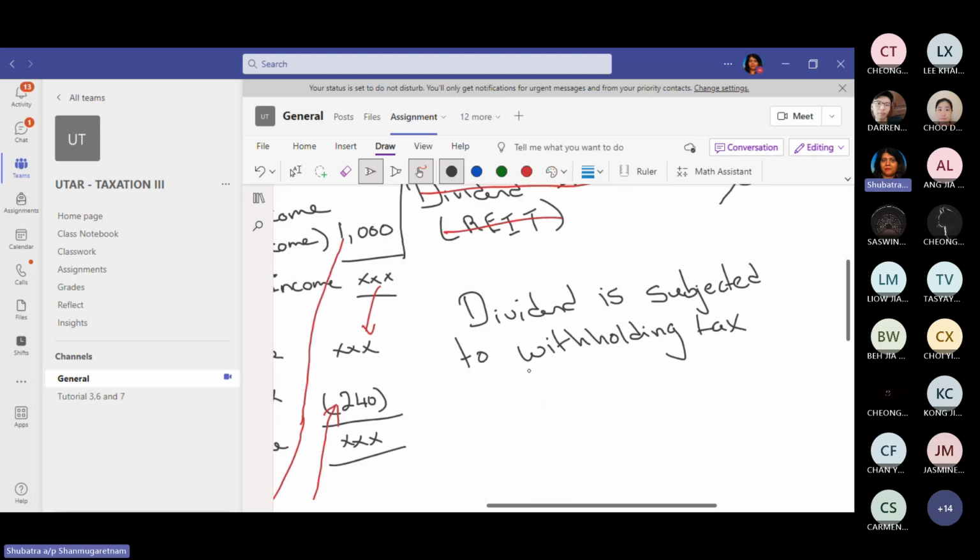So withholding tax is final tax. When you already pay your withholding tax, consider your tax liability has already been settled. 0.